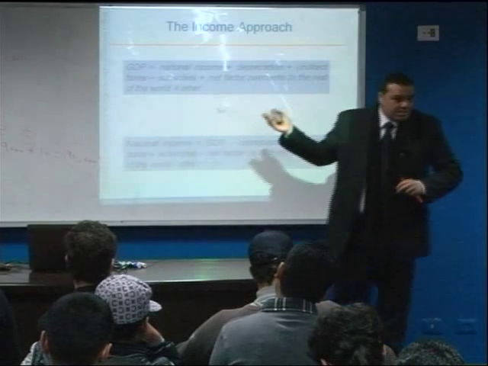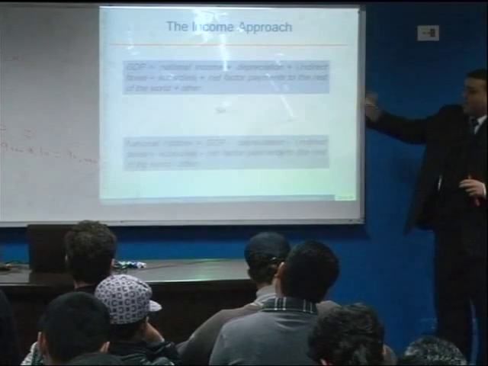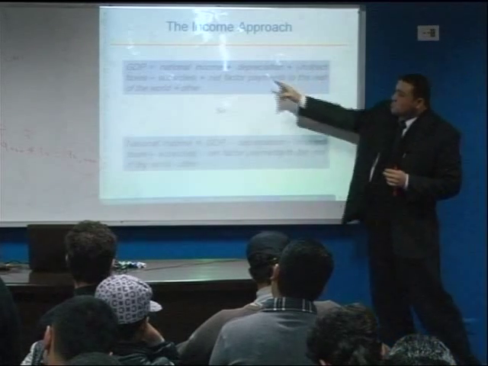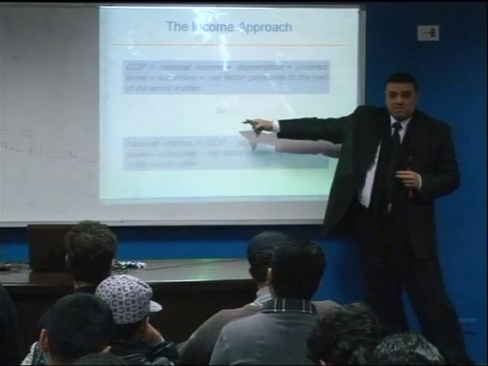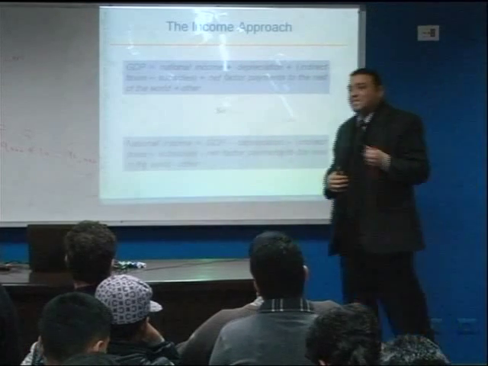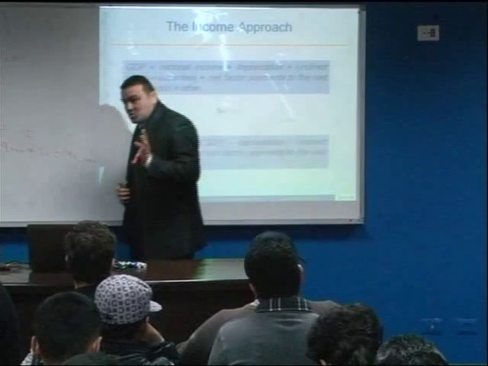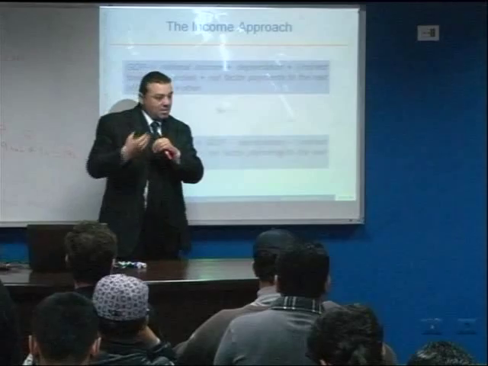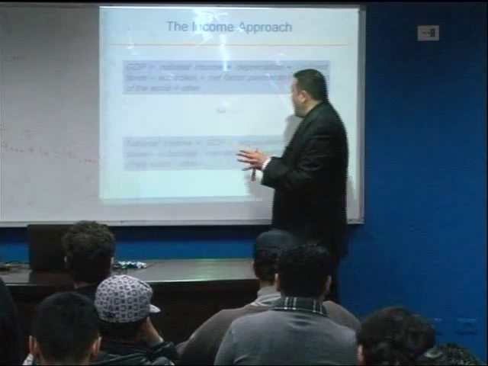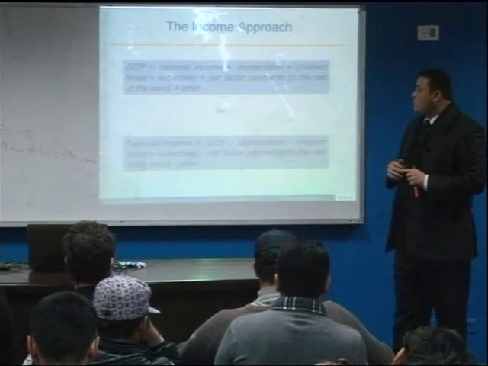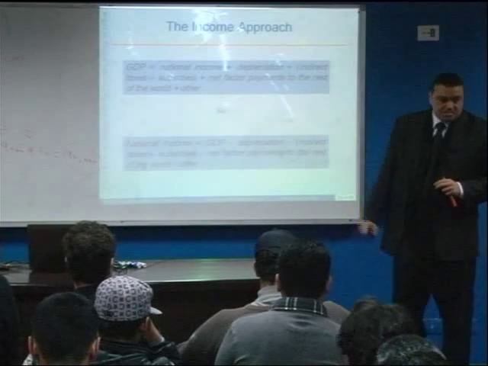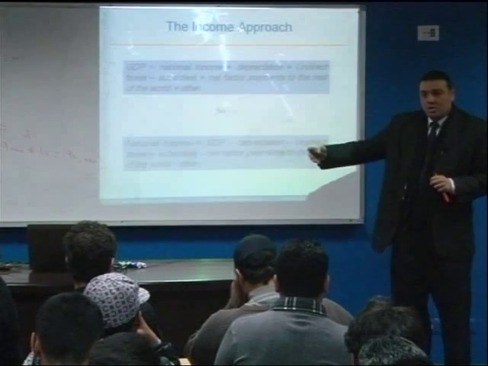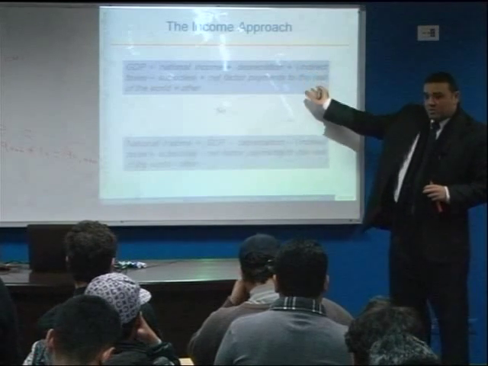The GDP, the gross domestic product, equals the national income plus depreciation plus indirect taxes, like sales taxes or production taxes, minus subsidies, the production subsidies given to producers, plus the net factor payments to the rest of the world plus others. Now we will take an exercise in detail on how to reach the GDP by using the formula.